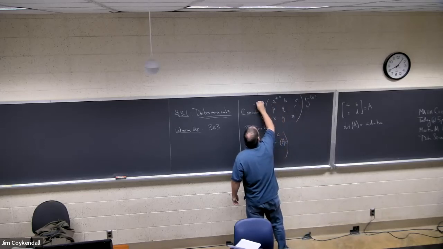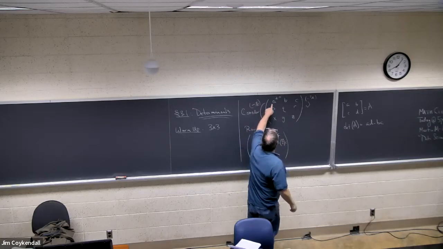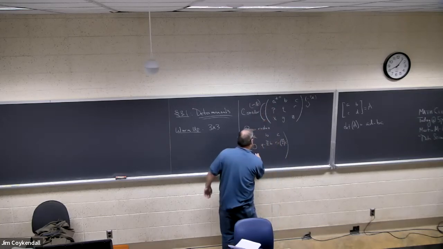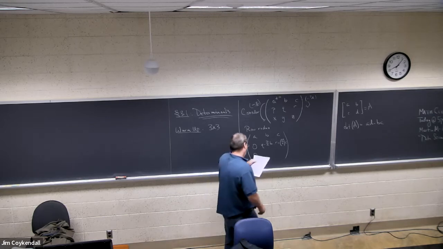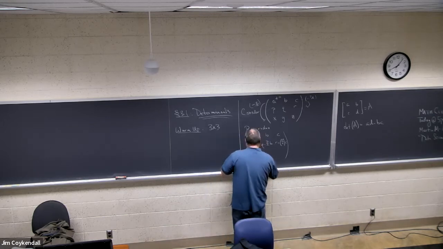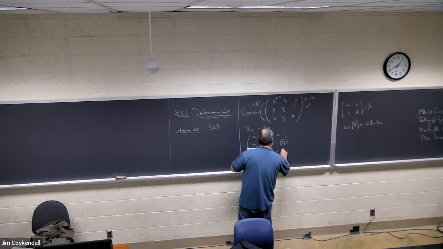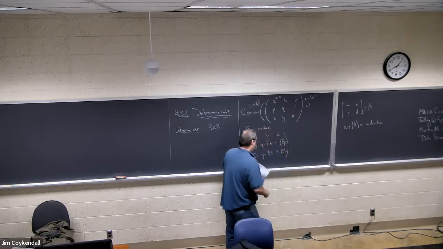I'll multiply the top row by minus X over A and add it, and I'm going to put 0, which is the whole point, and I'm going to get Y minus X over A times B, and Z minus X over A times C.